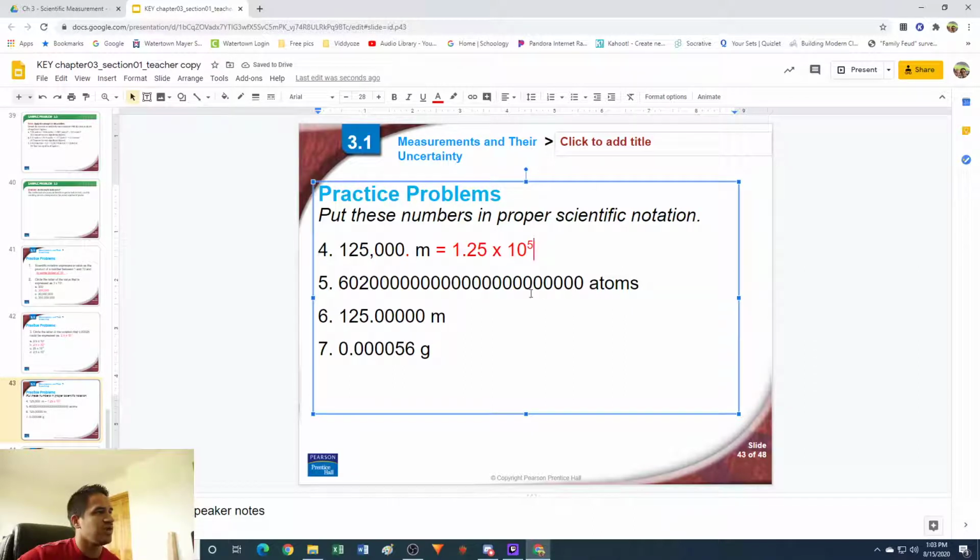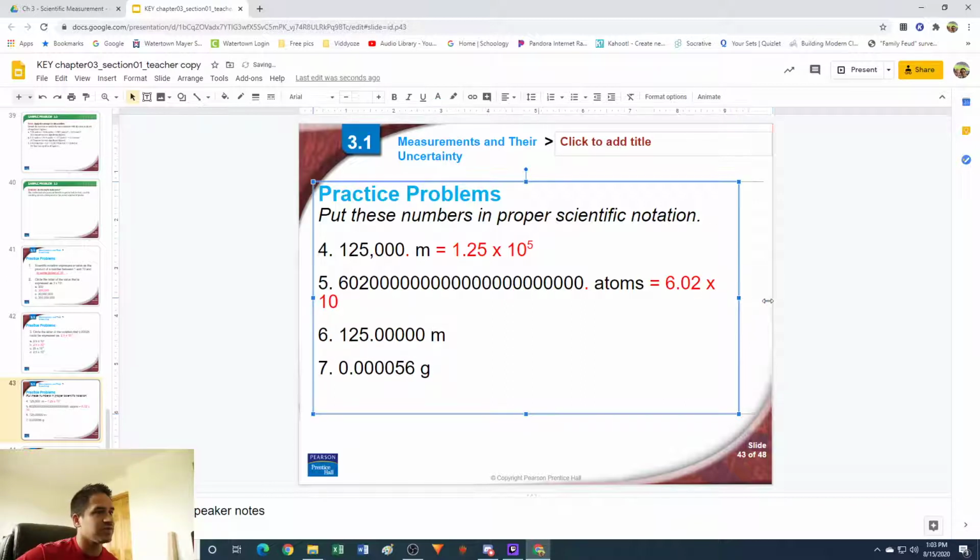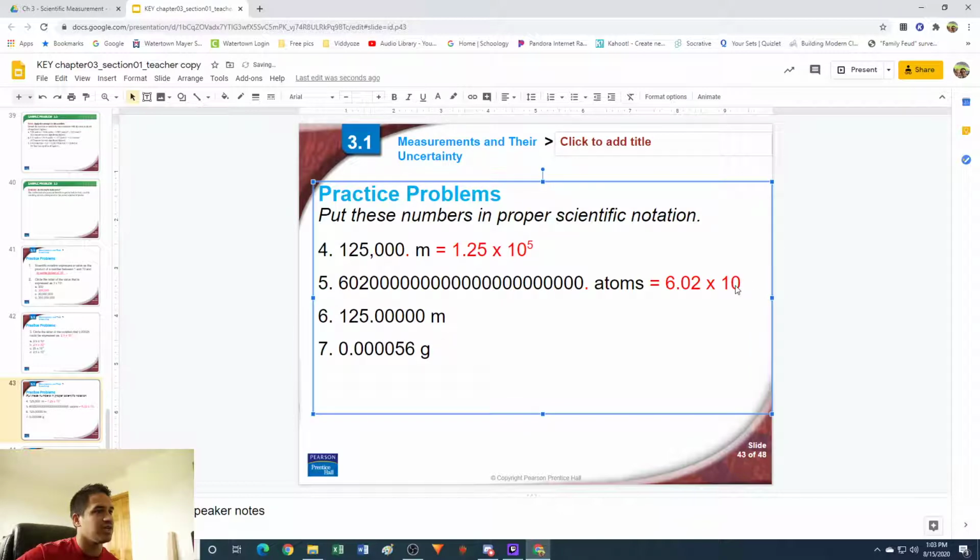As for number 5 here, again, there's no decimal shown, but the decimal would be at the very end. So we're going to move it so that it's between the 6 and the 0. So our answer is going to be 6.02 times 10. Let's see if we can make this a little bit wider. There we go. Times 10. And then we just need to count how many times you had to move it.